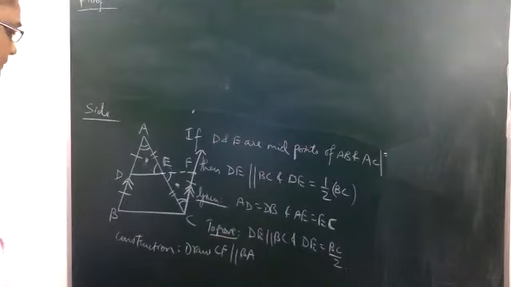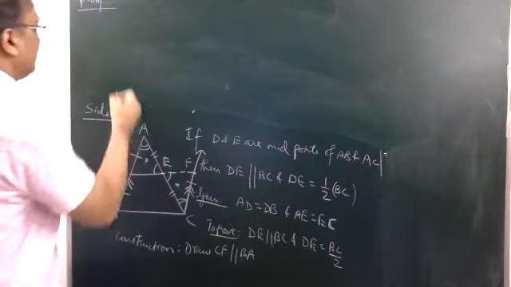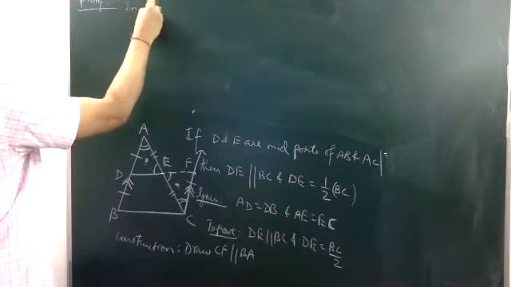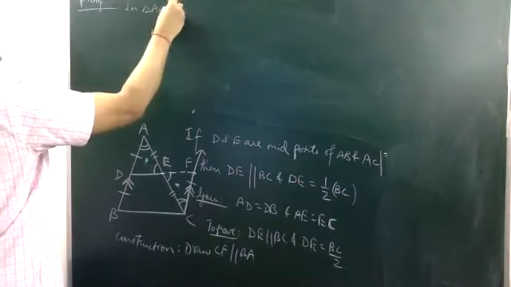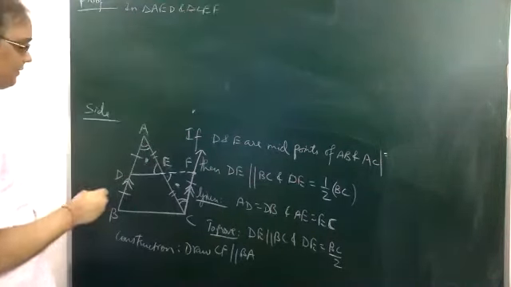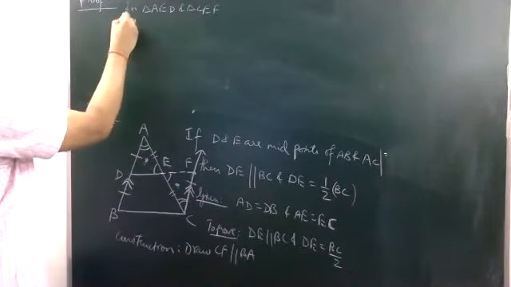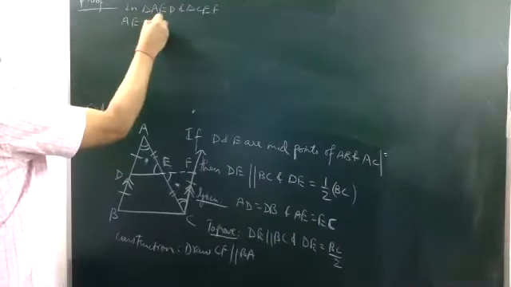So we have in triangle AED and CEF. In triangle AED and triangle CEF, we have AE is equal to CE.